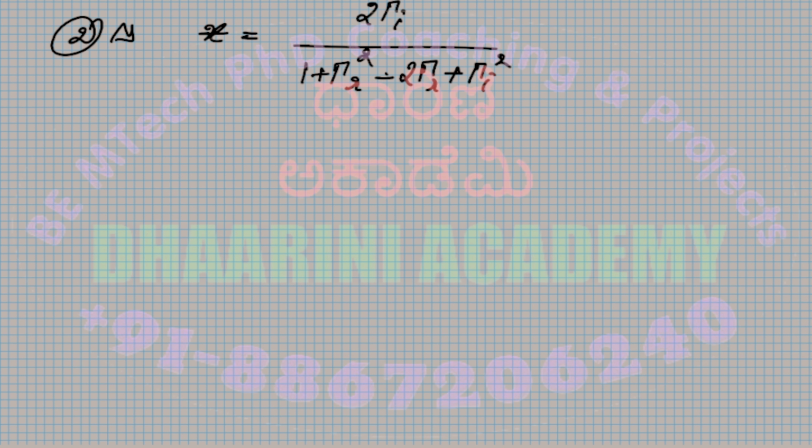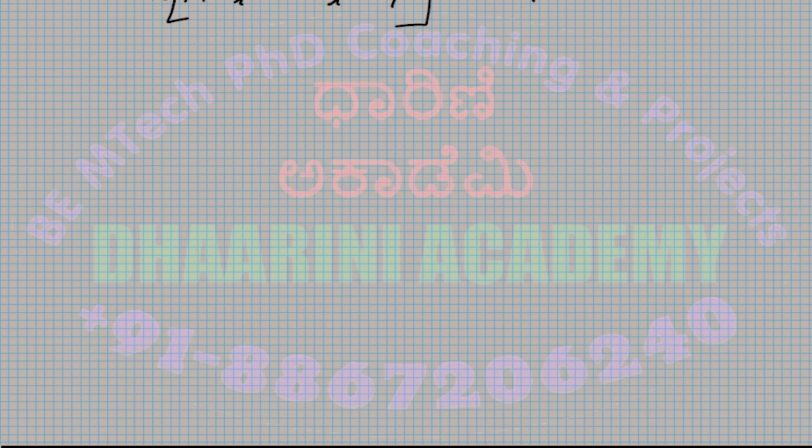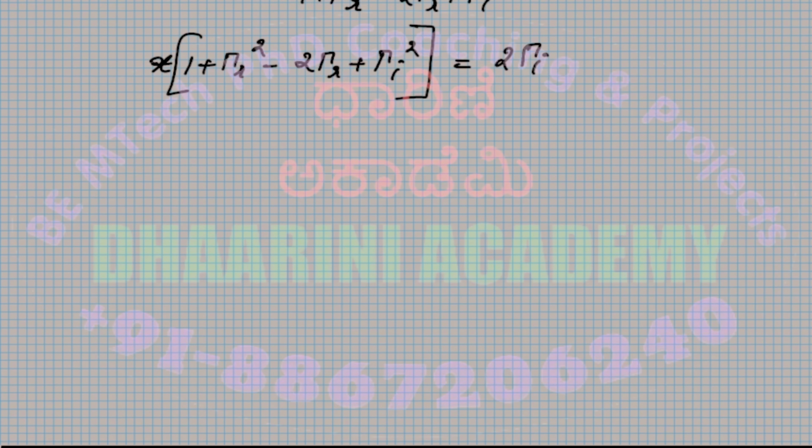So what we can do is first cross multiply. That is x into 1 plus gamma r square minus 2 times gamma r plus gamma I square is equal to 2 times gamma I. All right.